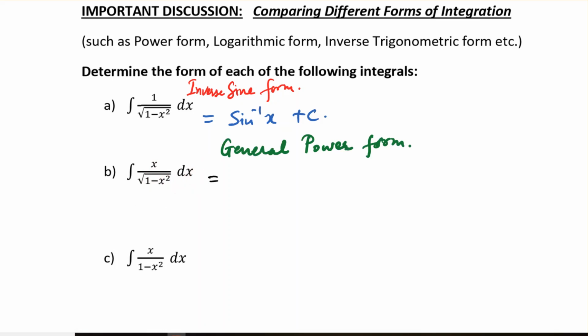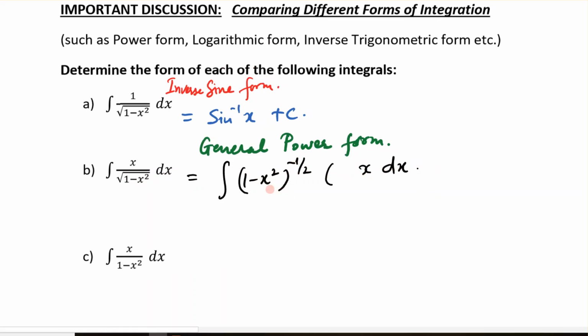So we can rewrite the function as 1 minus x squared raised to power -half, and then we have x dx. If you want to make the differential of this function, you need a -2 here. So it means you also need to divide by -2 to compensate for the -2 that you added here.